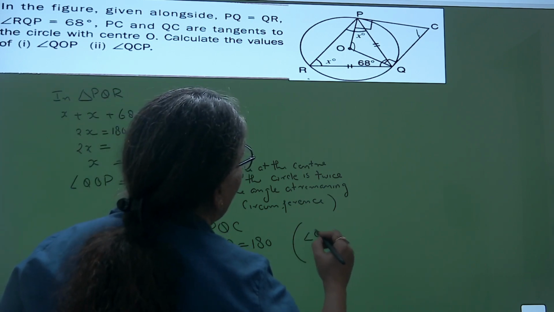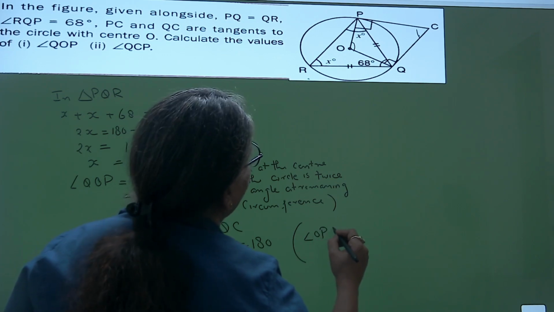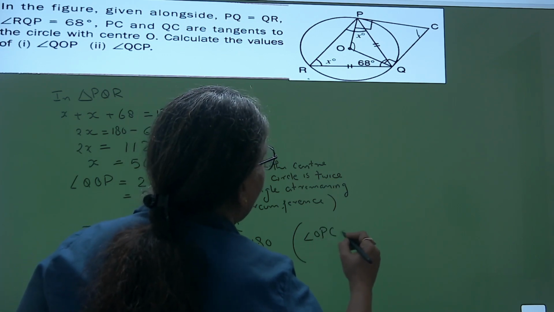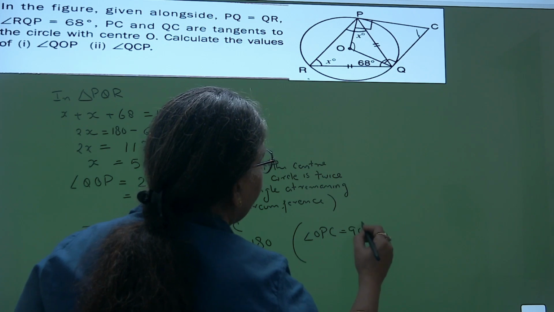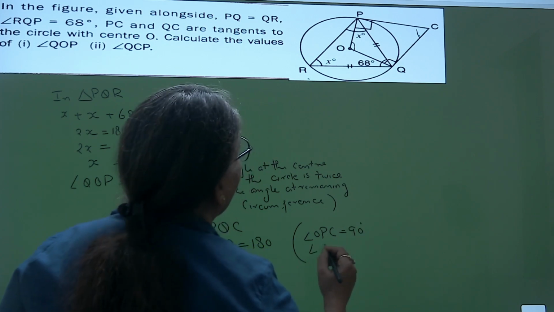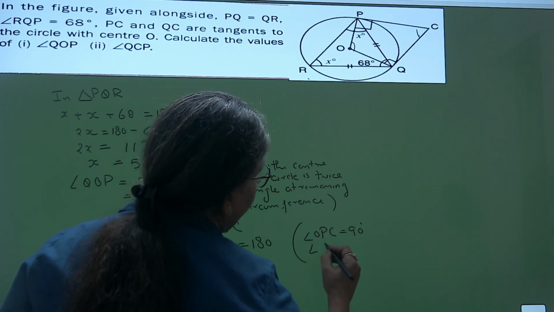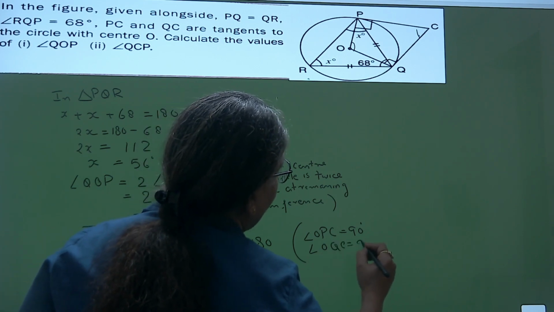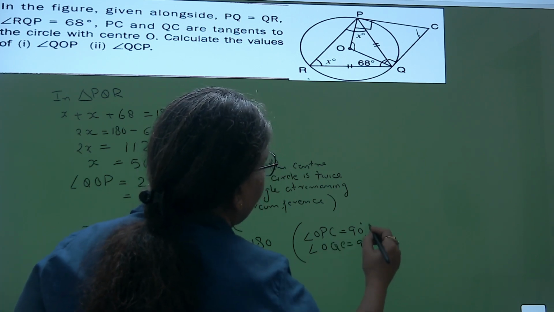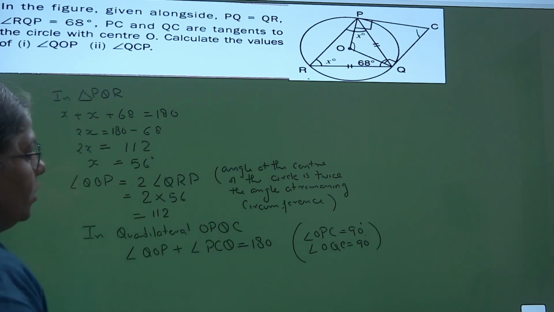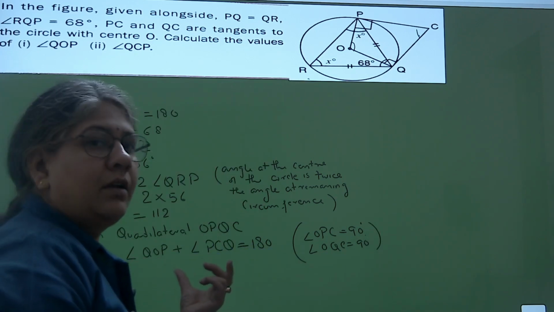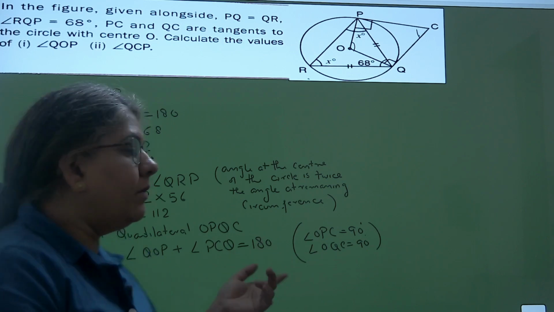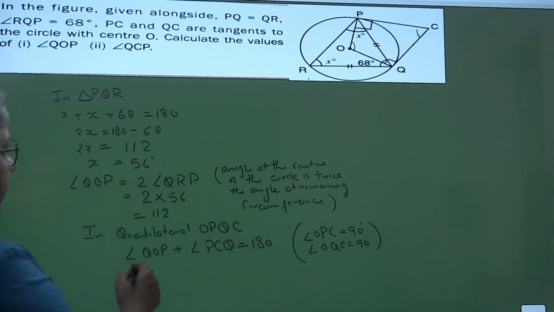Angle OPC is equal to 90 degrees and angle OQC is also 90 degrees. So the sum of the remaining angles will be 180. So QOP is already known.